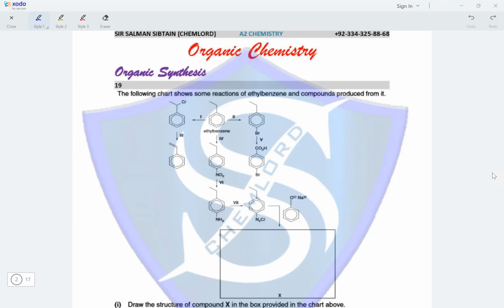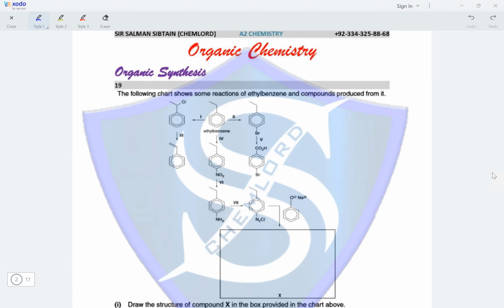Ethyl benzene, when it forms a chlorine containing compound, can be converted into a benzene ring with a double bonded R group attached to it. This would be by removal of chlorine from one carbon and hydrogen from the other. Dehydrohalogenation.